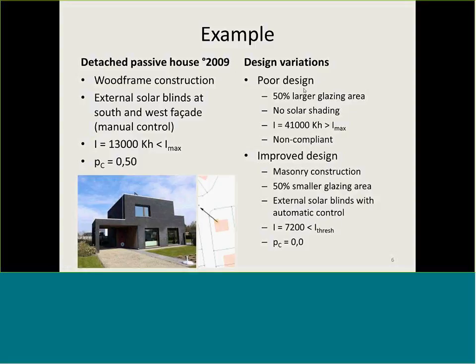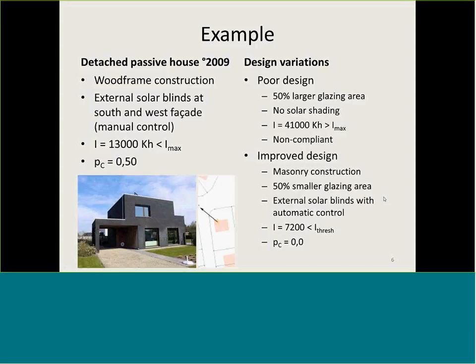First, assuming a poor design where the glazing area is 15% larger than the original case, where there's no solar shading. In that case, the overheating indicator will have the value of 41,000 Kelvin hours, which is larger than the requirement. So in this case, the design would no longer be compliant with the requirements, and so the designer needs to change his design.